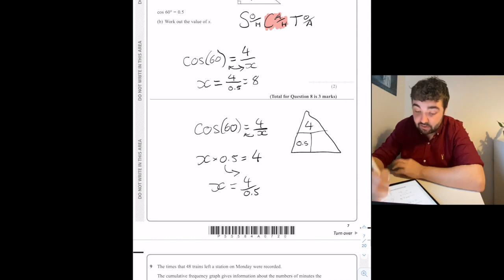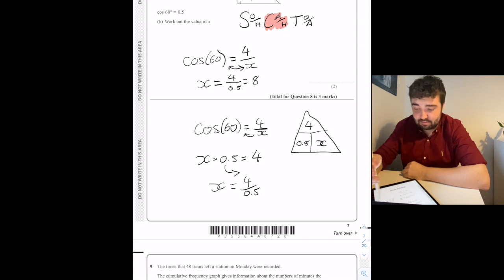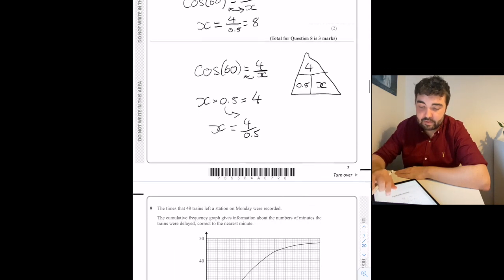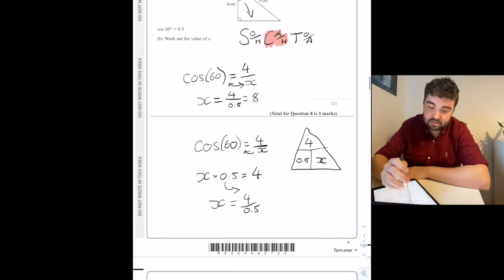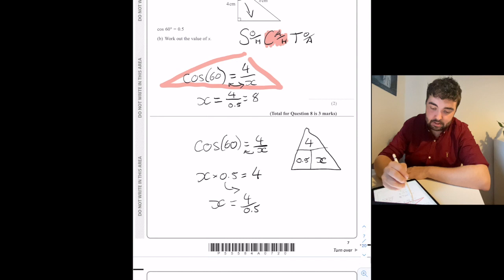For 0.5 or cos 60 and then x there, right? See? That's why we were able to swap them over. Anyway, can you sort of see the triangle? Illuminati. There we go.